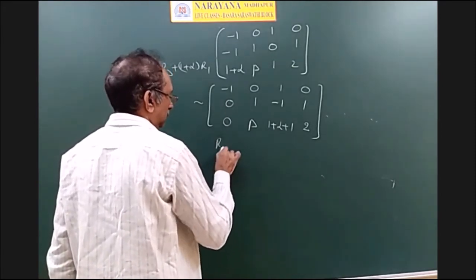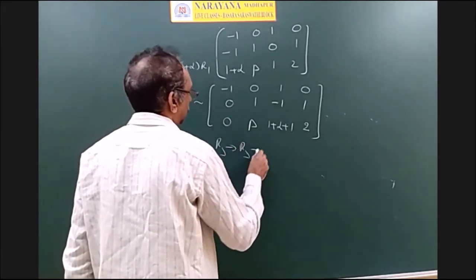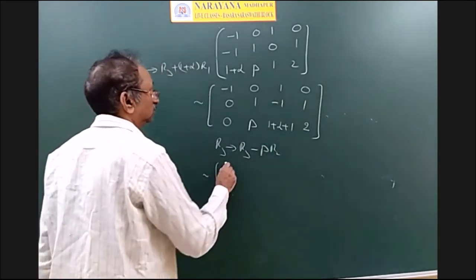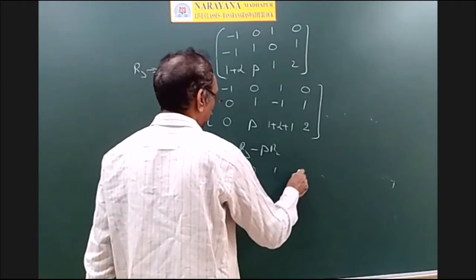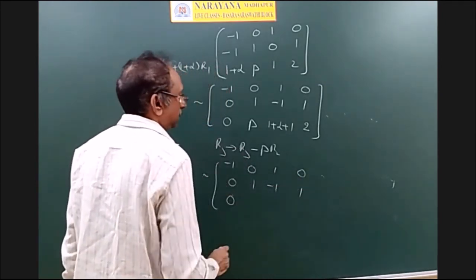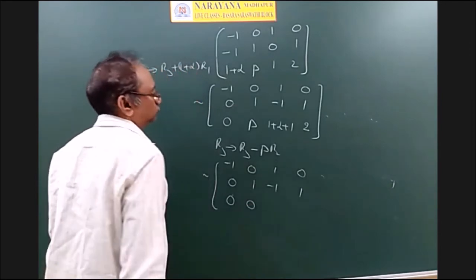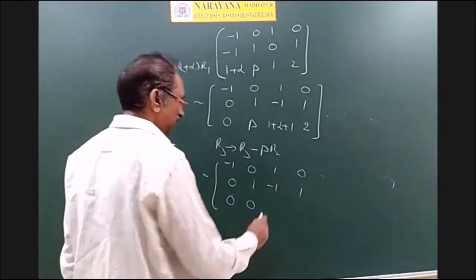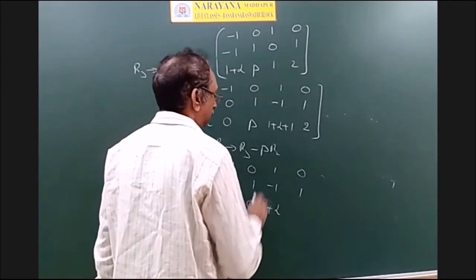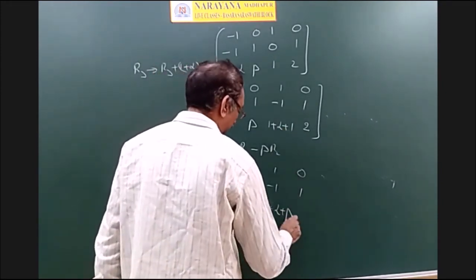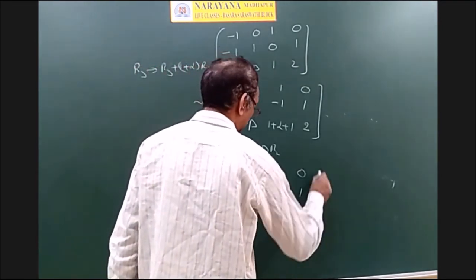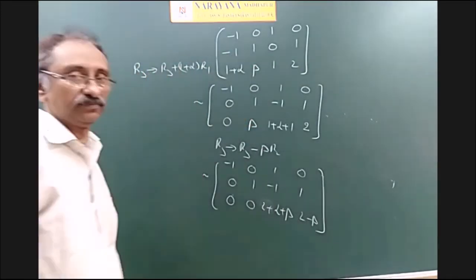That is, R3 becomes R3 minus beta R2. Minus 1, 0, 1, 0. 0, 1, minus 1, 1. Minus beta plus beta, 0. And this one, 2 plus alpha minus beta into minus 1 plus beta. And this is 2 minus beta. So write this one.